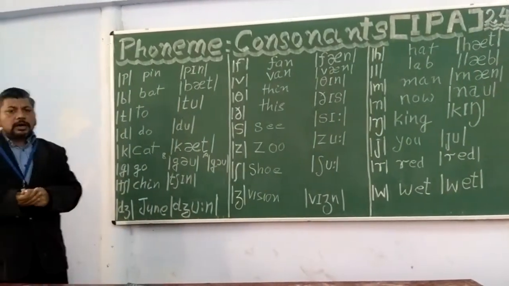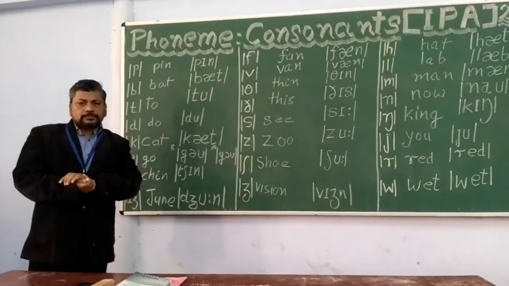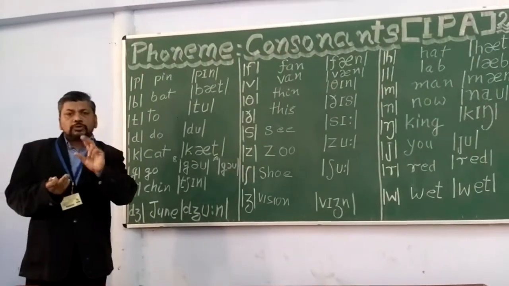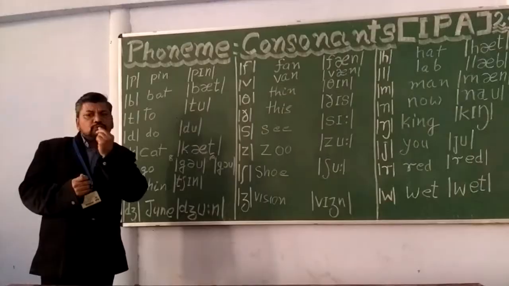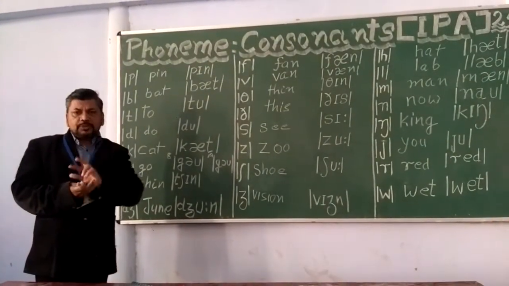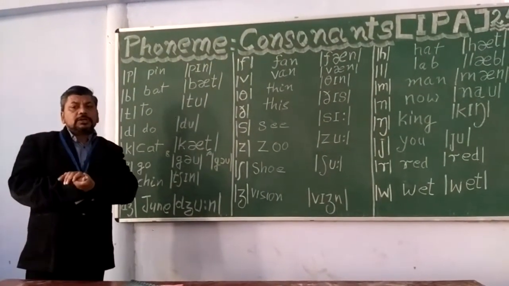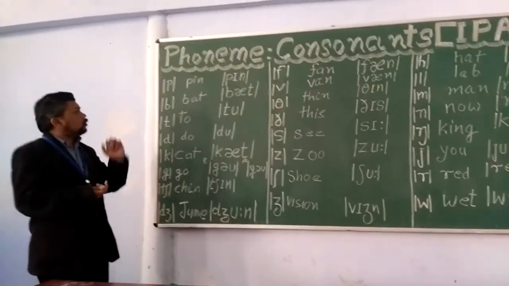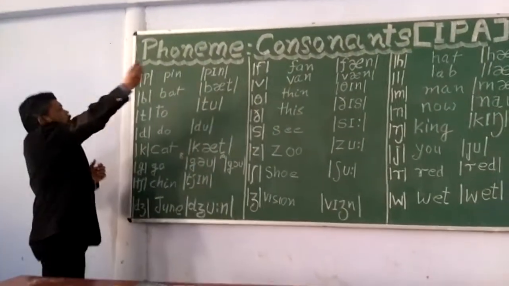Bilabial consonants are pa and ba. If two sounds are produced by the same mechanism, by the use of two lips, by the combination of two lips, how are different sounds coming?